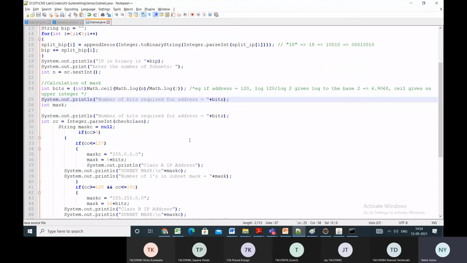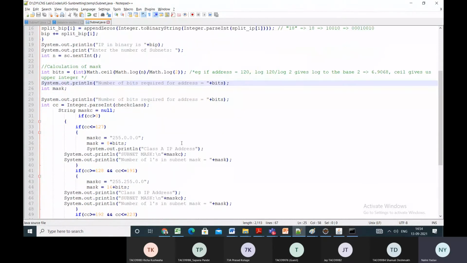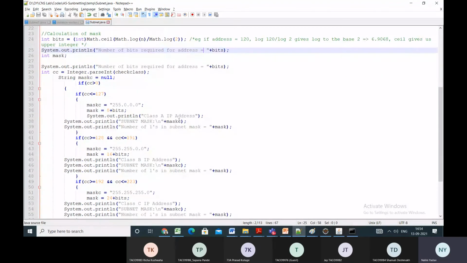Now here again, what we are doing: this is going to give me the number of bits required for the address, and then I will be calculating the total number of ones in the subnet mask. So the aim of this particular program is calculating the total number of ones which are there in my given subnet.